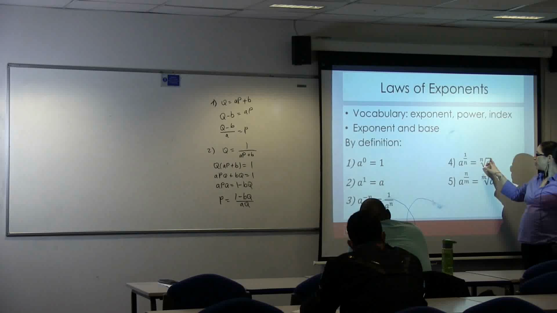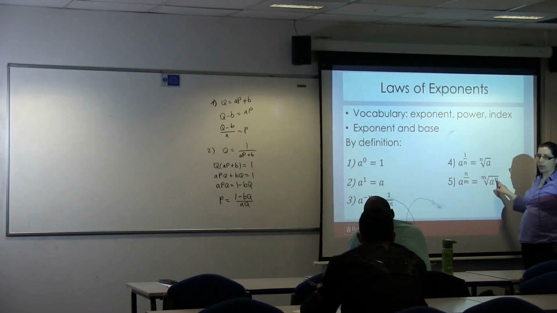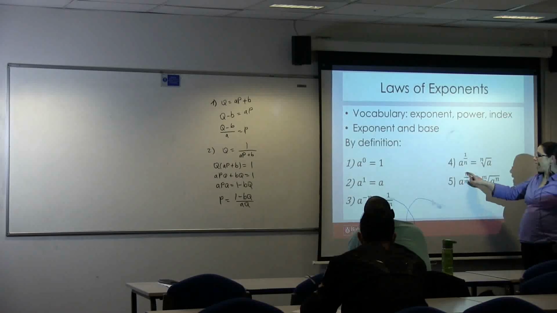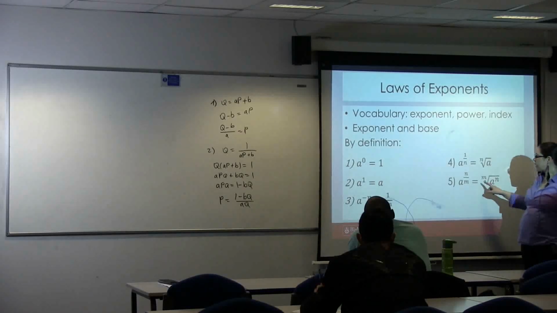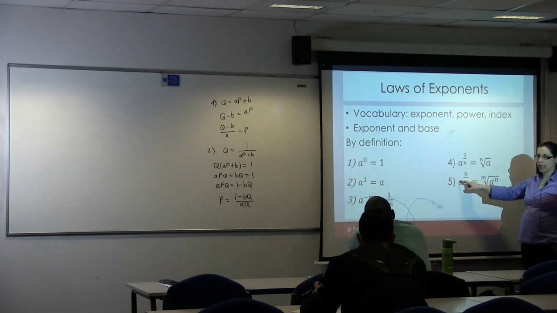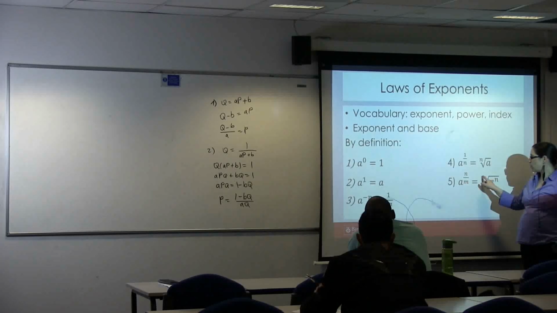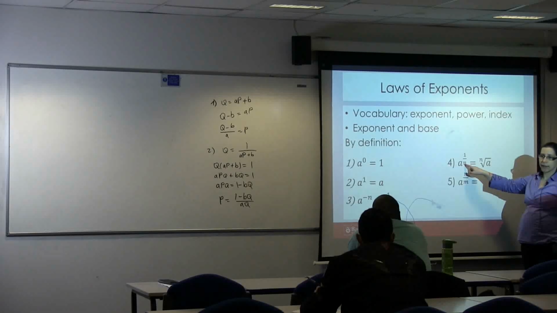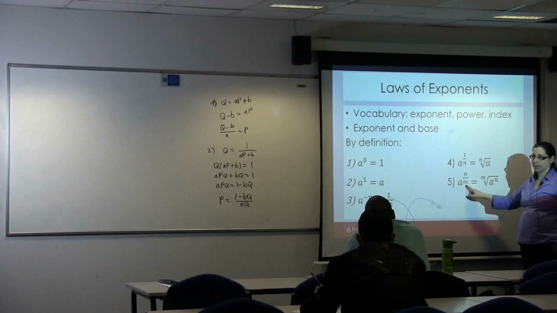So the nth root is the same as the 1 over nth power. And if I have got the mth root, something raised to the nth power, that is a to the n over m. So obviously n has to be in the numerator, because you're still multiplying a by itself n times. But m, which was the root, we defined it as the bottom in the fraction. So that's why it has to come in here.